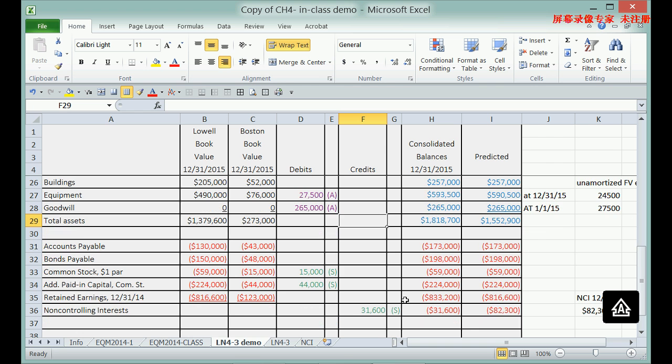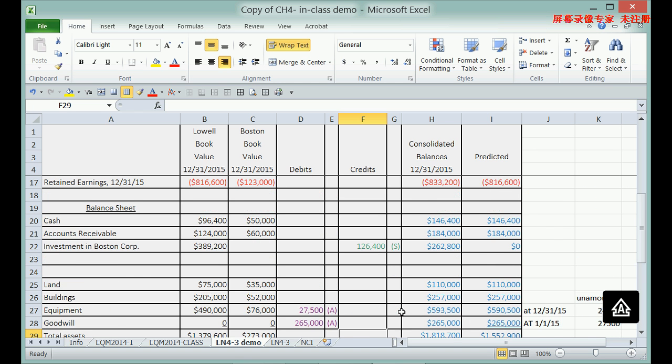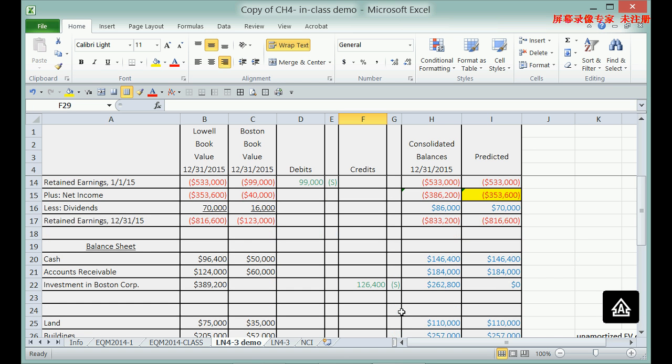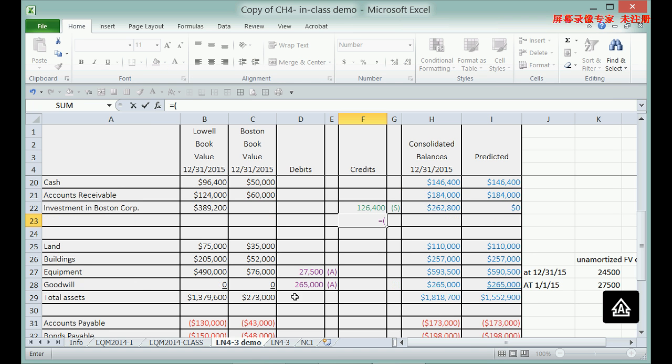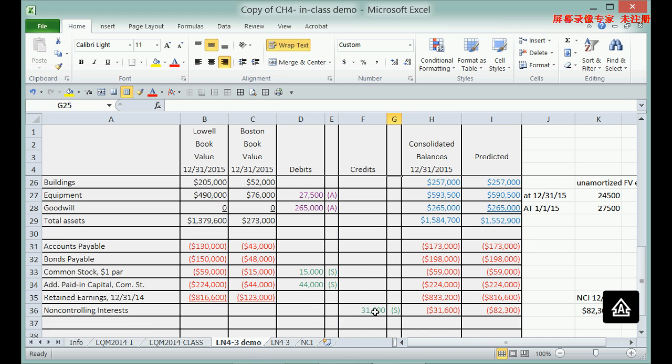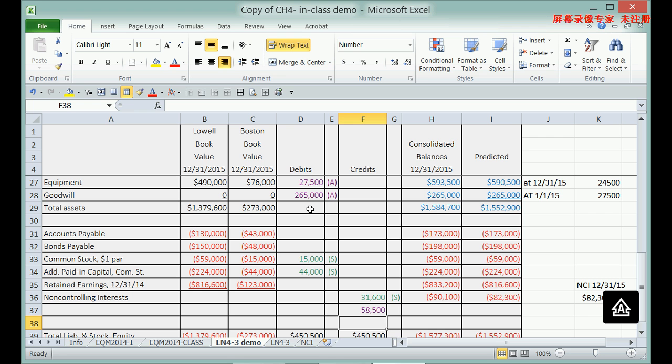So the A entry eliminates the fair value excess in the investment account. We basically add them up, multiply by 80%. That's for the parent, and the 20% goes to the NCI.